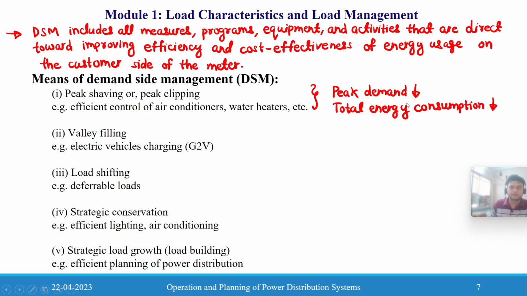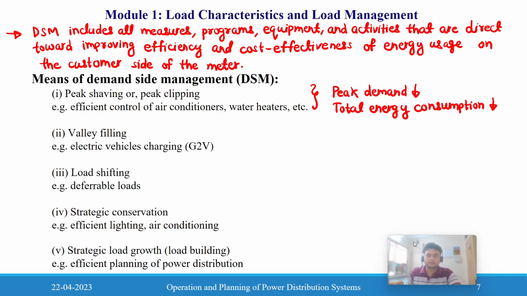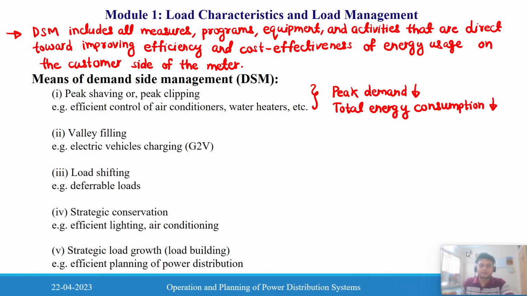For valley filling, there is no change in peak demand, just an increase in total energy consumption. When we are facing low power demand, at that time we are going to fill that valley.